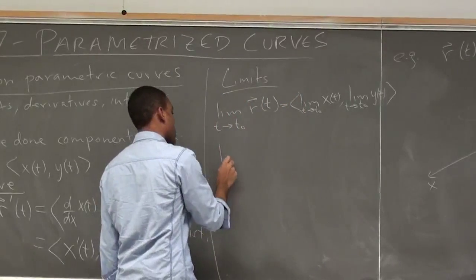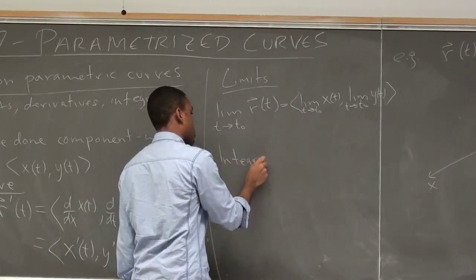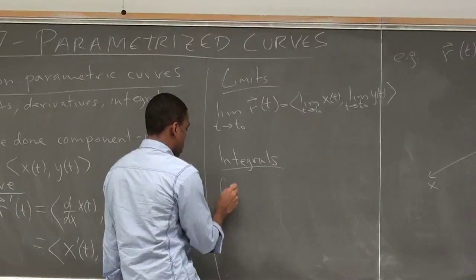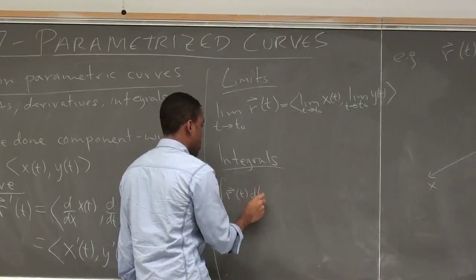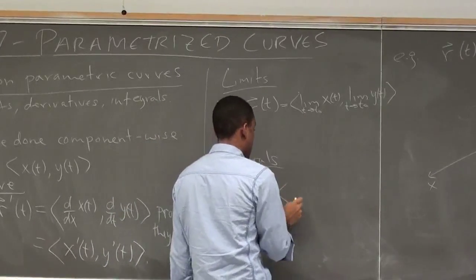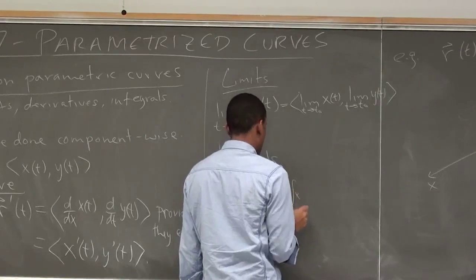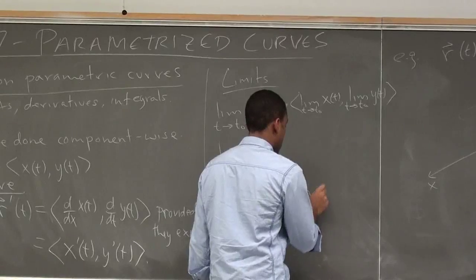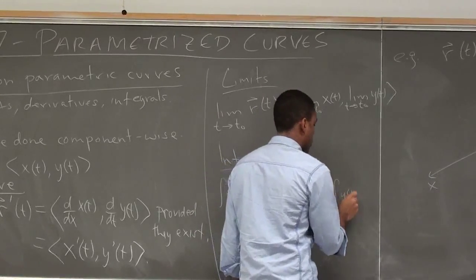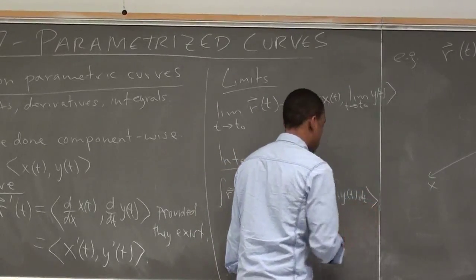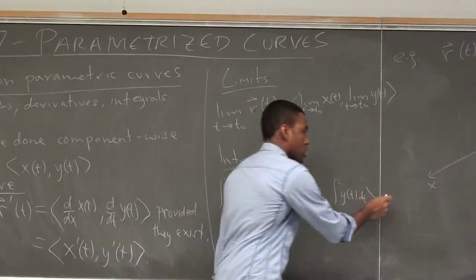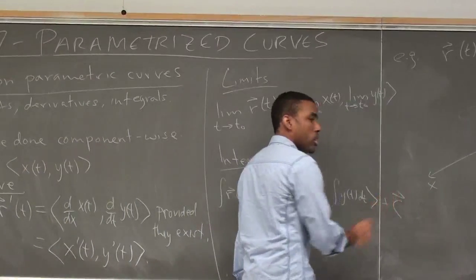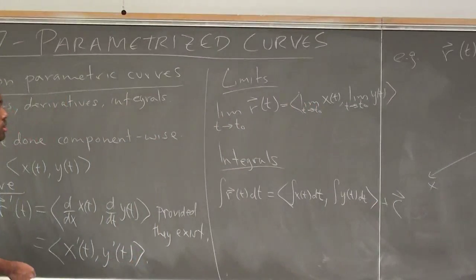Same thing for integrals. If I say the integral of r(t) dt, this is just going to be the integral of x(t) dt, and so on. Right. And of course, there's always a plus c. And the c in this case would also be a constant vector.